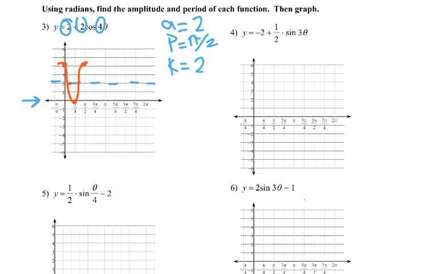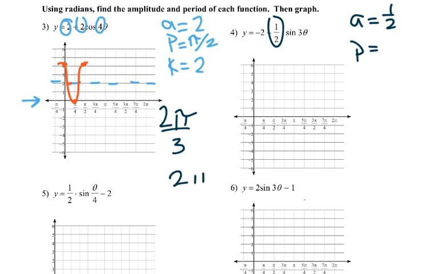Now let's take a look at number 4. So amplitude is 1/2. Period is going to be 2 pi divided by 3. So 2 pi thirds, which, if you weren't sure what it is, you could go 360 divided by 3, and that's 120 degrees, which is 2 pi thirds.